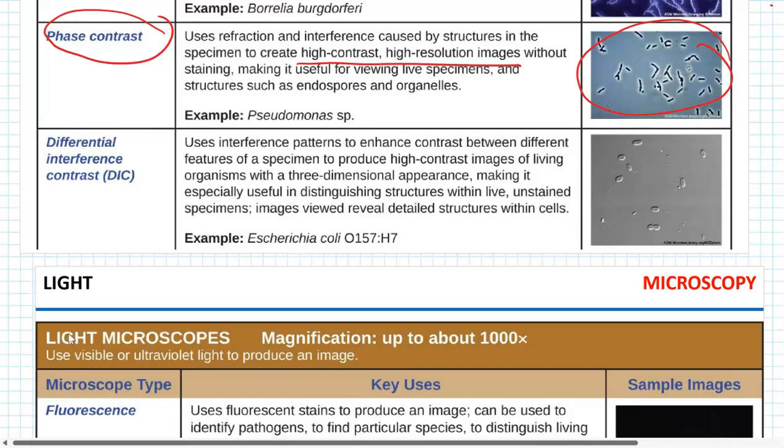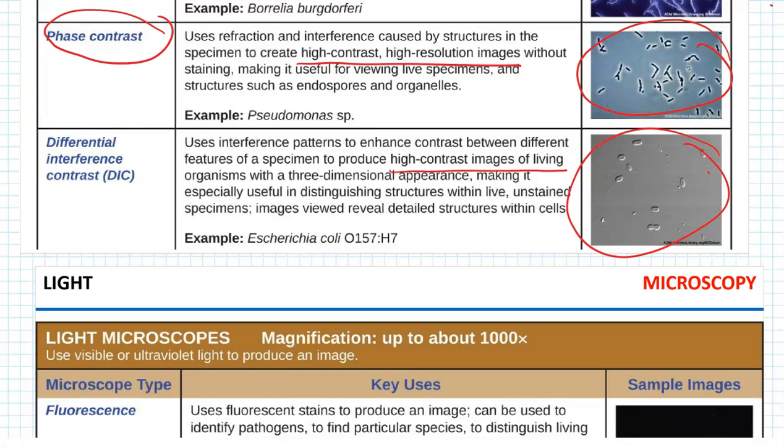DIC, or differential interference contrast microscopy, is basically phase contrast that is taken up a notch. So if you look at this image, you can see that cells, you kind of can appreciate a 3D shape of the cells. Do you see that? So high contrast, three-dimensional appearance within the live, unstained specimen.